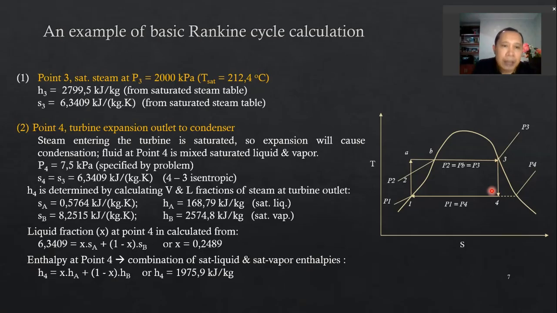That you can use to calculate the fraction of liquid, and thereby the fraction of vapor at point 4. Then you use the L over V ratio to calculate the mixture enthalpy of the liquid and vapor at point 4, which is this number here.